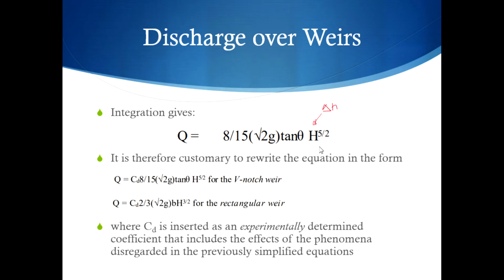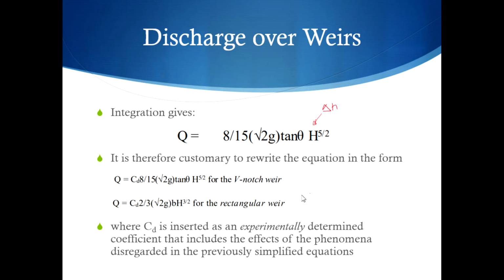It is therefore customary to rewrite the equation in the form of flow rate equals CD multiplied by 8/15 square root of 2g tangent of theta multiplied by h to the power of 5/2 for the V-notch weir. And also we have a customary equation for the rectangular weir, which is the flow rate equals CD multiplied by 2/3 multiplied by square root of 2g multiplied by b, which is the base of the weir.